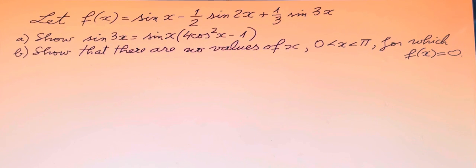Hello! For today, I have another trigonometric problem. If we have the function defined by f(x) = sin x - 1/2 sin 2x + 1/3 sin 3x, we have to show that sin 3x is equal to sin x (4 cos squared x - 1).